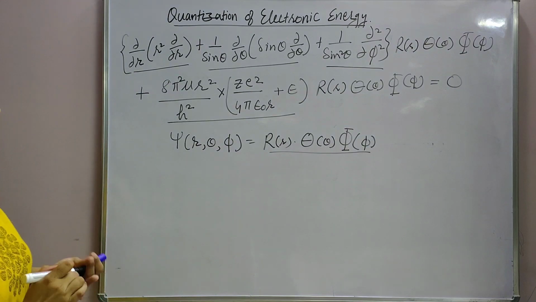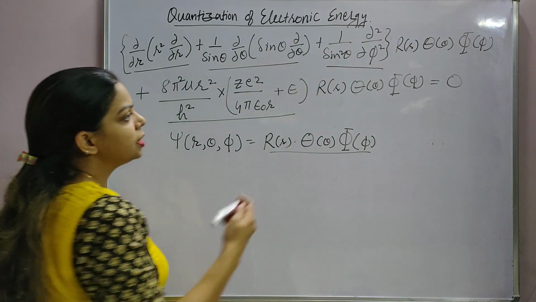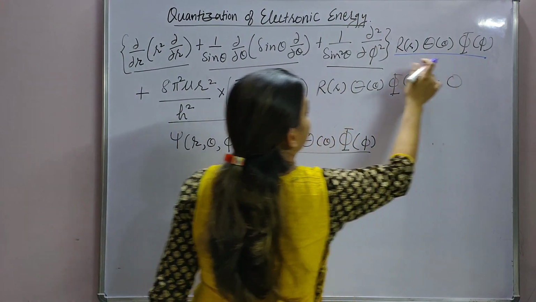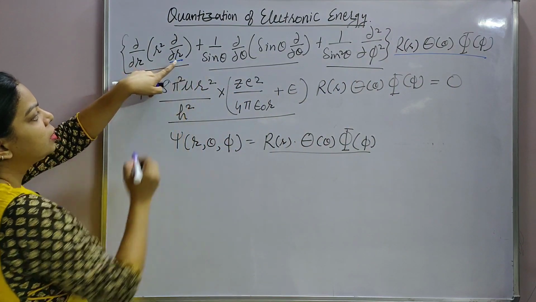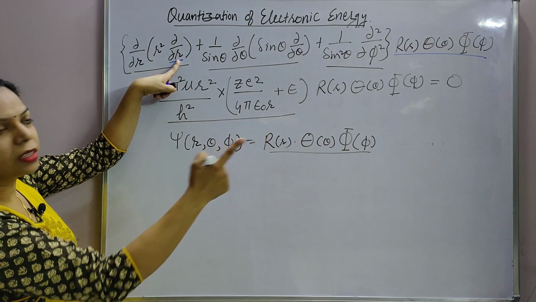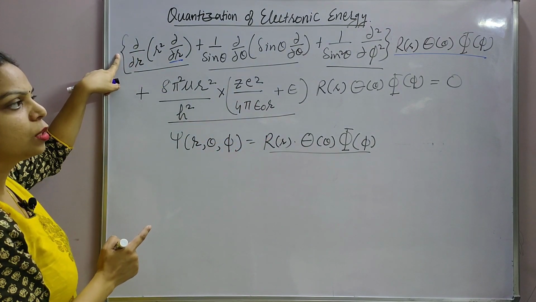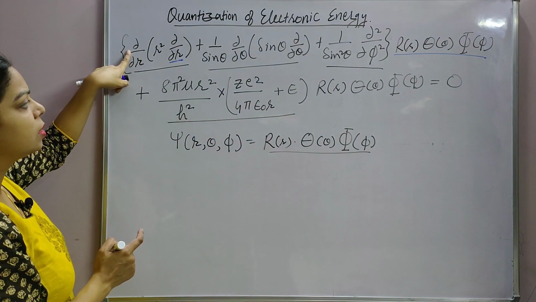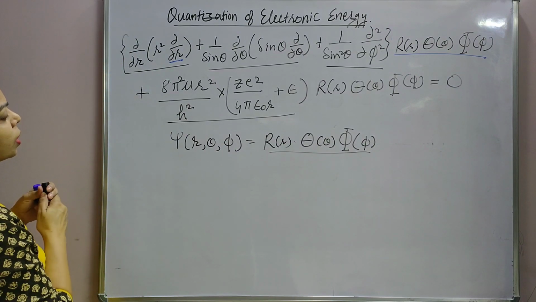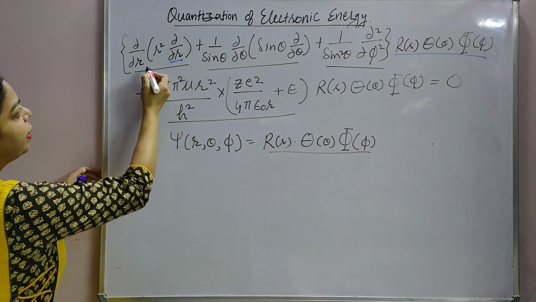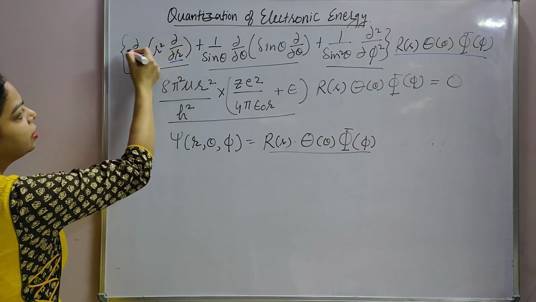Now when you multiply this entire factor inside here, r is the variable here, theta and phi will remain constant. So they will come out of this differential sign. So the first term will become, multiply that factor, keep r inside and theta, phi outside.